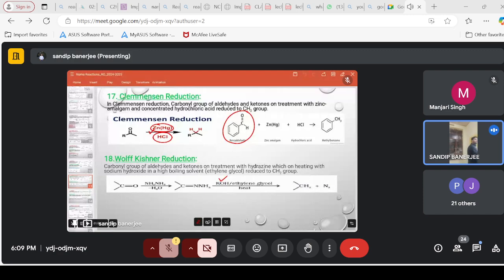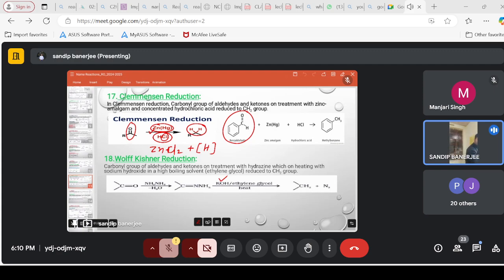This zinc also has Lewis acid property, and in the first stage zinc will trap the chlorine to form ZnCl2. In the same fashion, in the first stage nascent hydrogen is generated, and this nascent hydrogen will attack the polar system, meaning the C=O system. This way the oxygen gets replaced and you get the alkane.